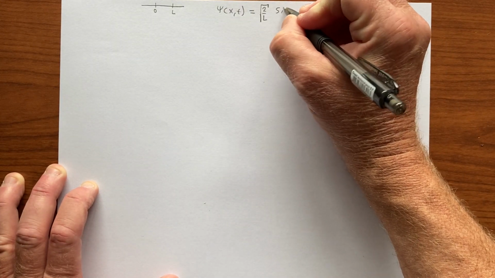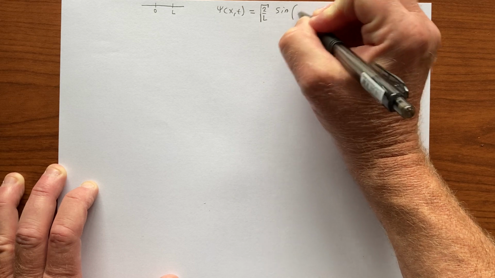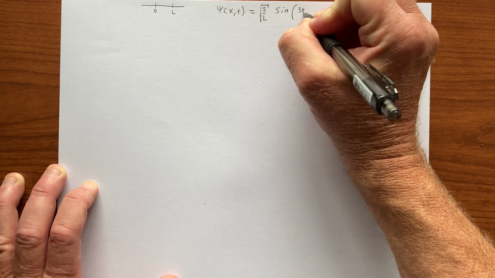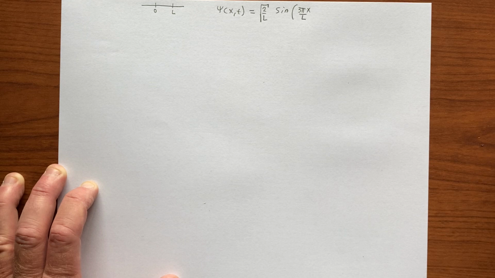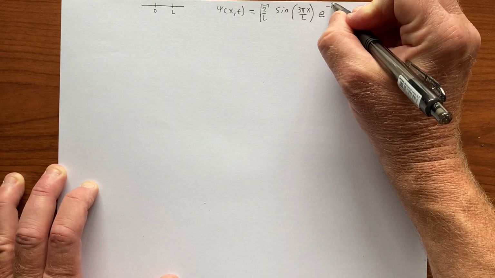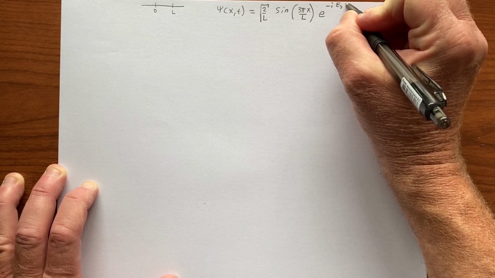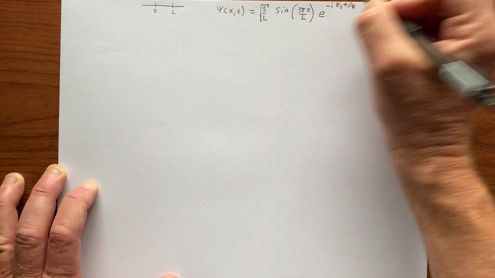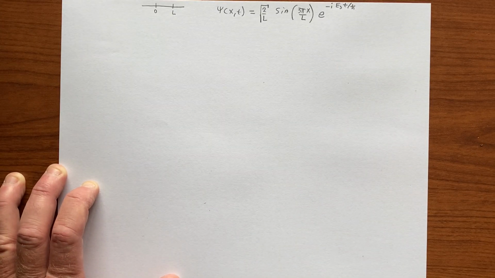So we have sine of 3 pi x over L e to the minus i E3 t over h bar. That's the wave function.